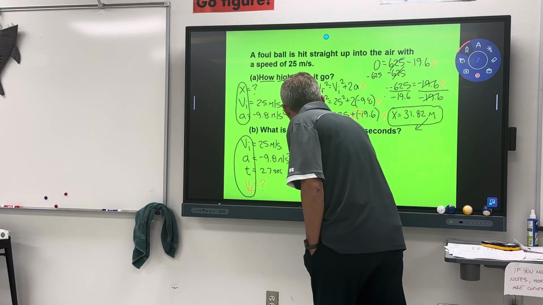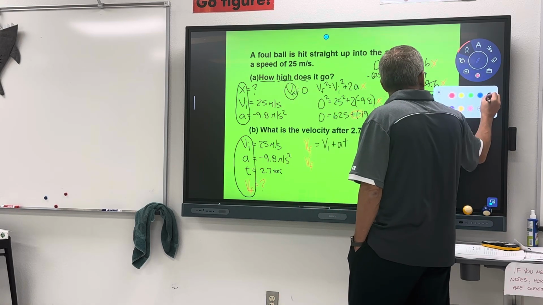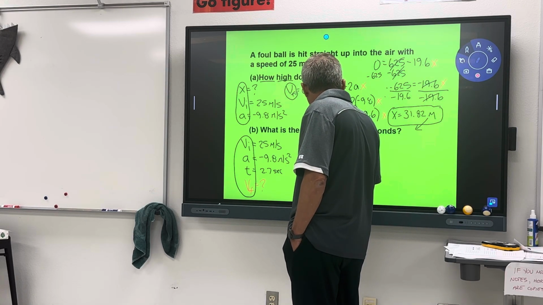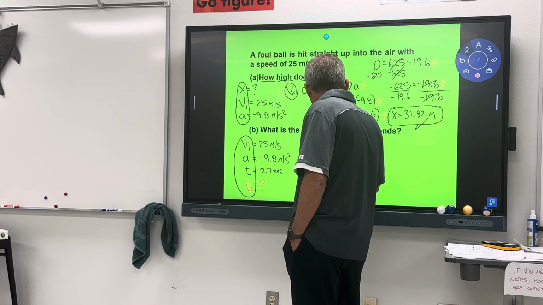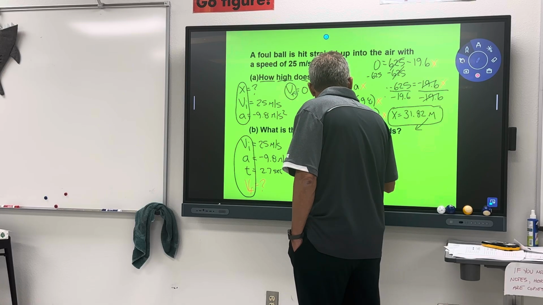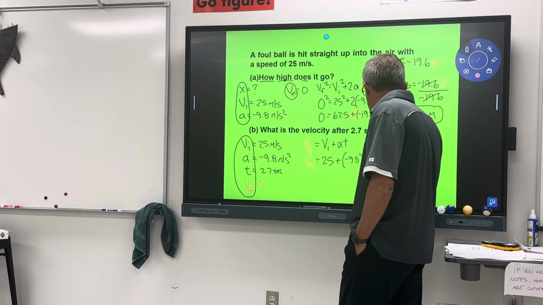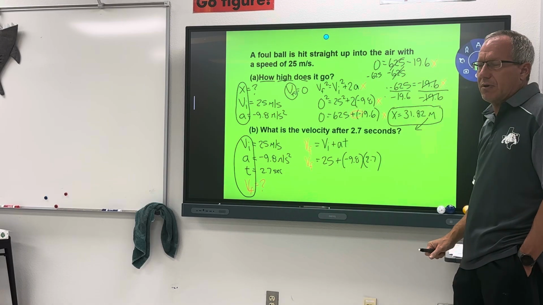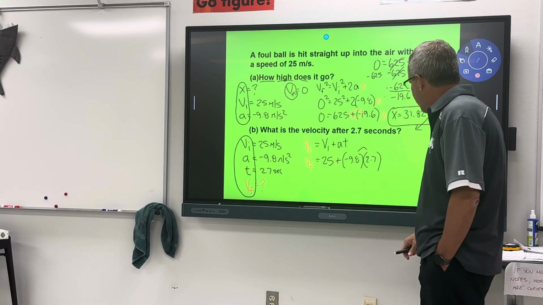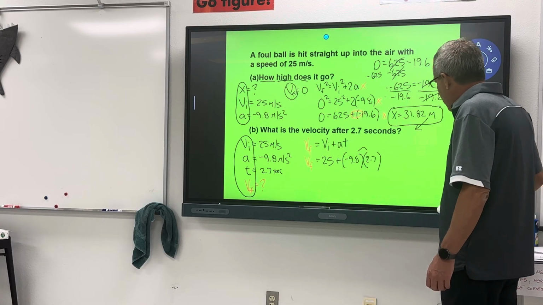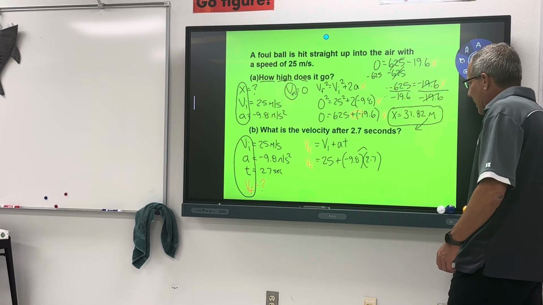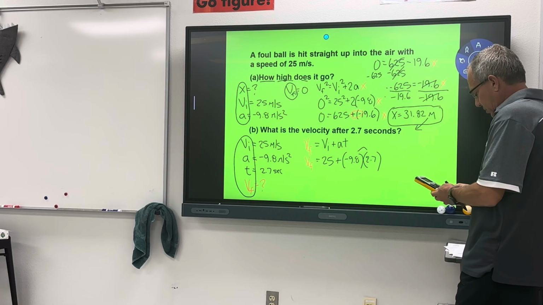So we plug in: my initial velocity, which is 25, plus my acceleration, which is negative 9.8, and time is 2.7. This is straight up solving, no algebra here. I do have to do multiplication first. And negative 9.8 times 2.7, I believe, is negative 26.